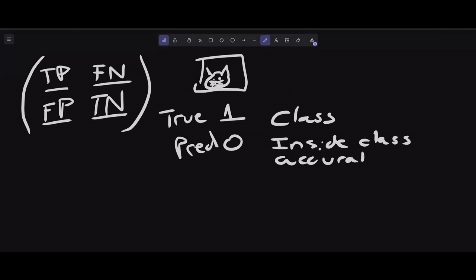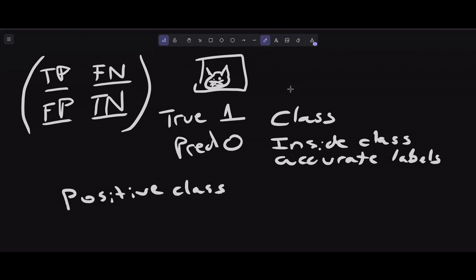So for example, let's say we're looking at the positive class. We want to figure out, of the elements that were labeled as positive in our model, how many of them were actually a positive example, that is, that the true label was positive.